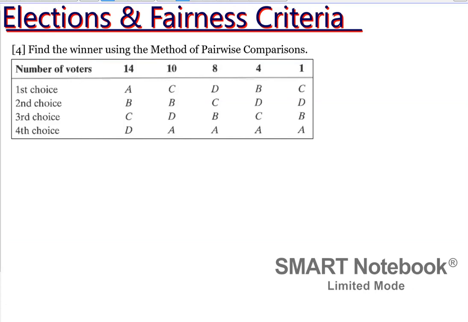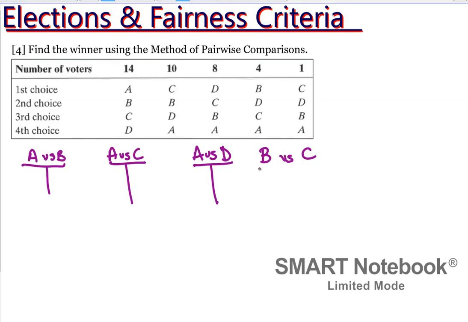Method by pairwise comparison. So A versus B, A versus C, A versus D, and then we want all of the possible pairs, B versus C, B versus D, and C versus D. We see that we have 4 candidates.